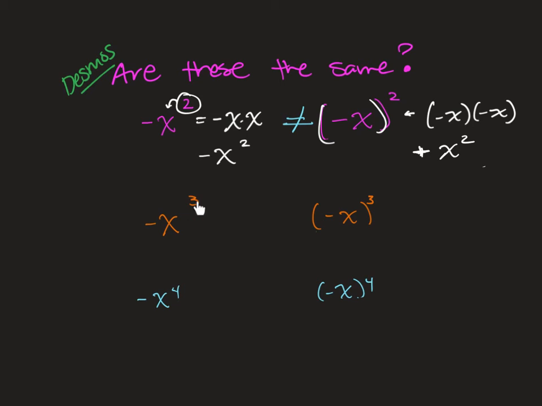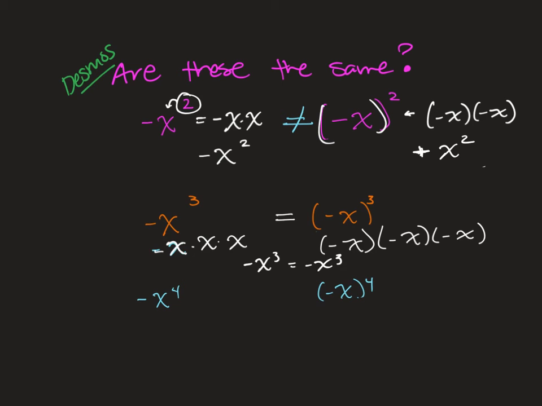But if we had a third power, an odd number here, we found this was like negative x times x times x, 1, 2, 3. Here we have 1 negative, so we end up with a negative answer. And here I have 2 negatives make a positive, but then multiply by another negative, and you get another negative. And so these actually are the same. This is like negative x cubed equals negative x cubed.